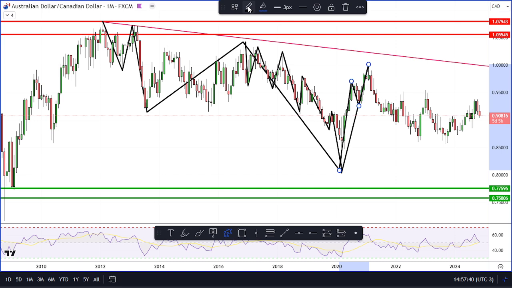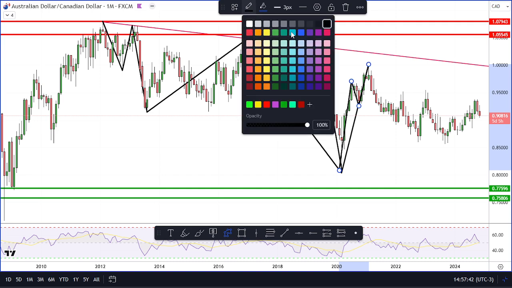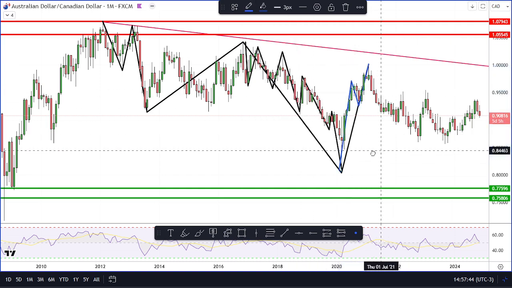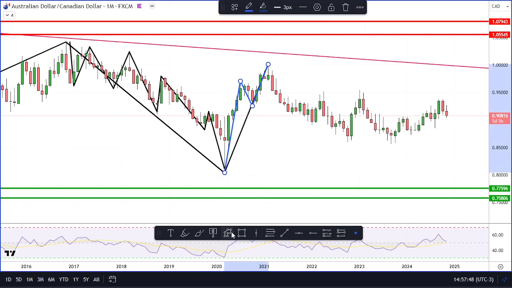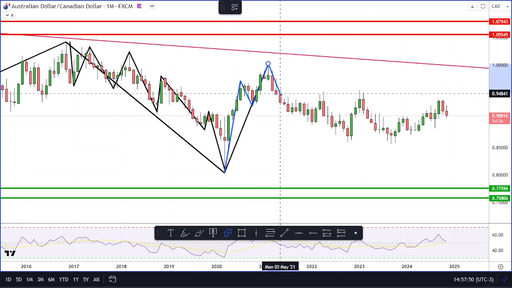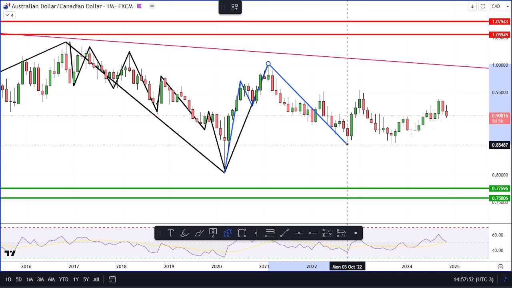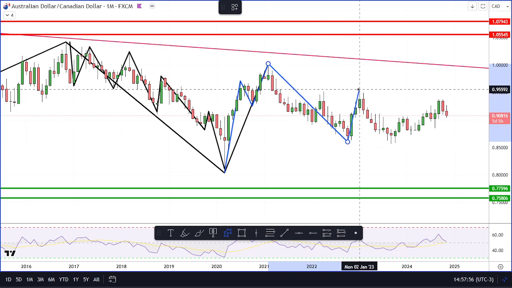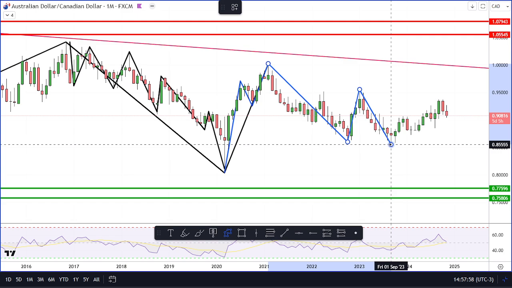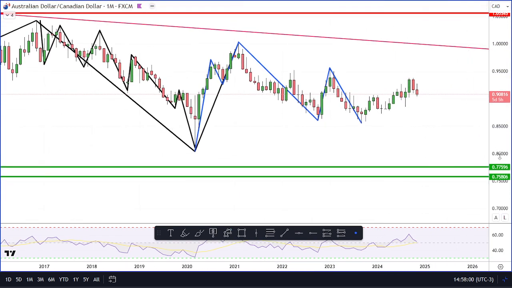All right, and now what do we have right here? What do we have right here now? We have lower lows. So this is a lower low, lower high, and this is a lower low. Let's check it very well.